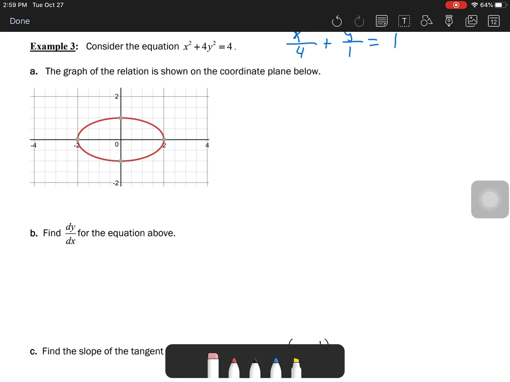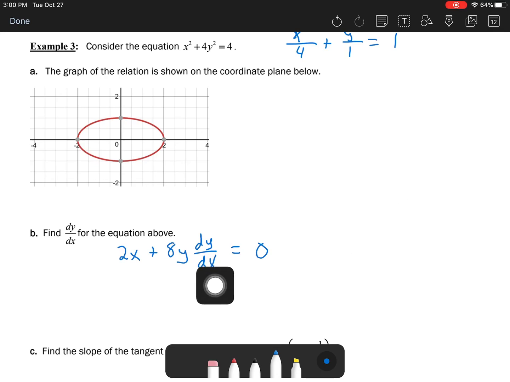So when I do the dy dx here, the derivative of the x squared is 2x, and then the next one I would have 8y dy dx equals 0. And then I just want to solve for dy dx. So subtract the 2x to the other side, divide by the 8y.